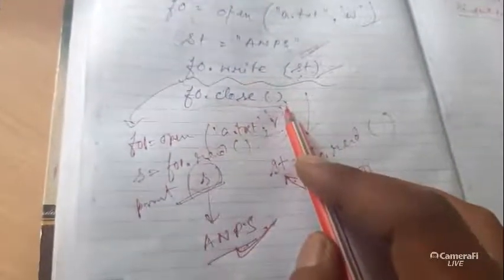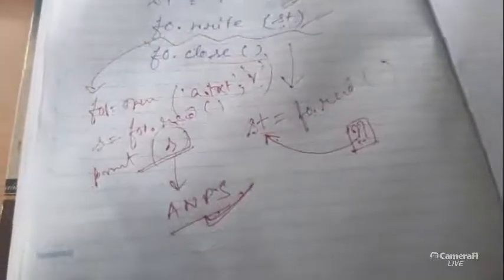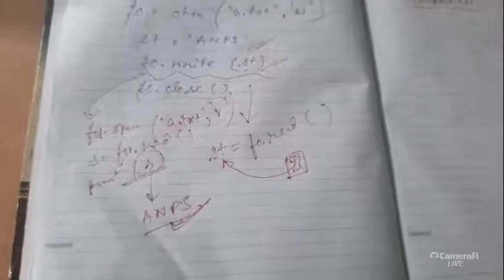Whatever work you are doing, don't forget, again I am repeating, that fo.close should be added at the end. Because whatever purpose you are using the file for, at last you have to close the file. This is the proper way of programming. Just for understanding, I am recalling the concept again.